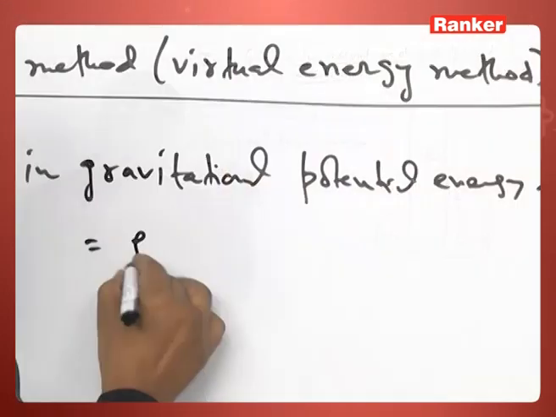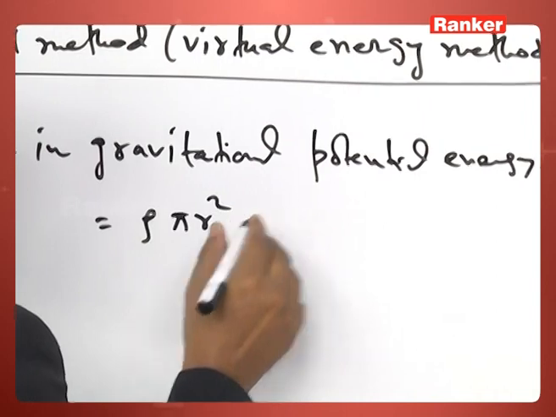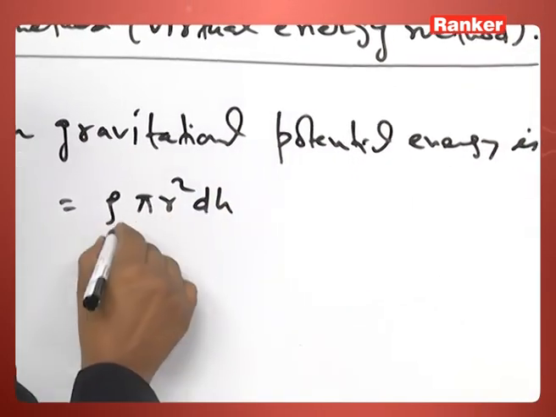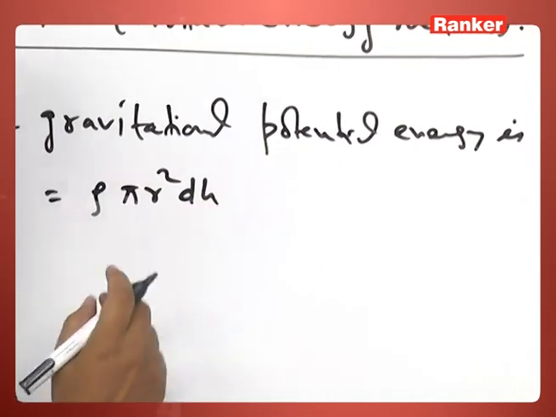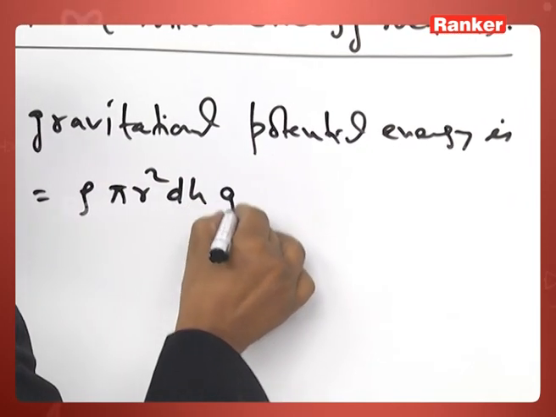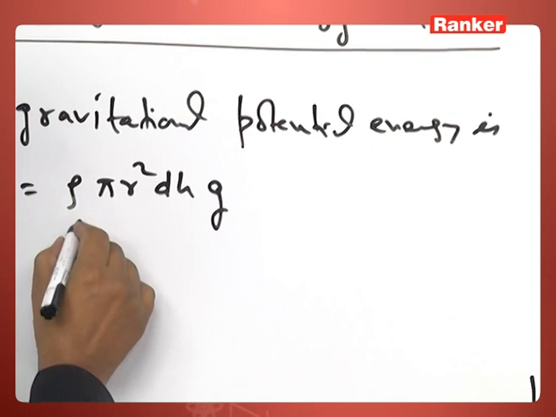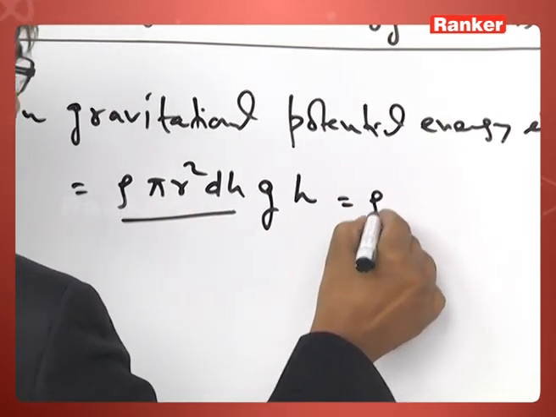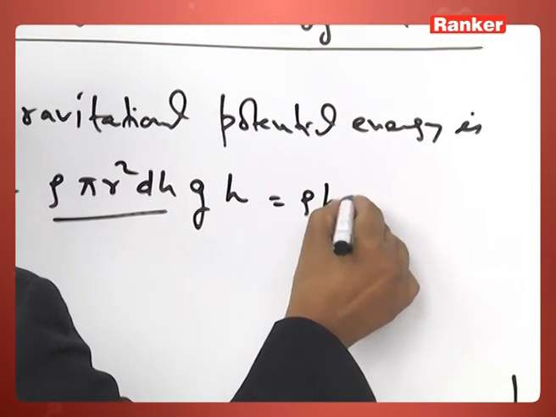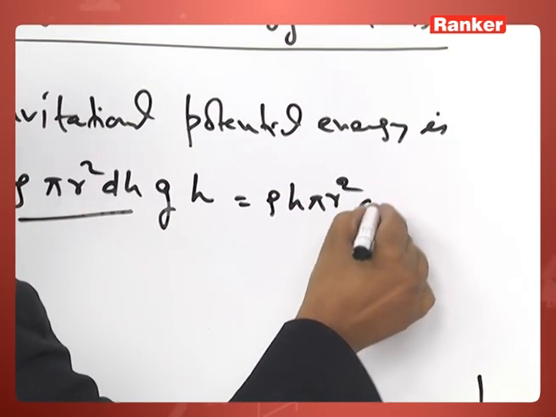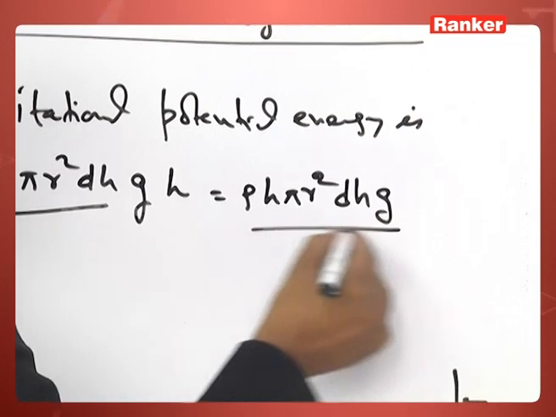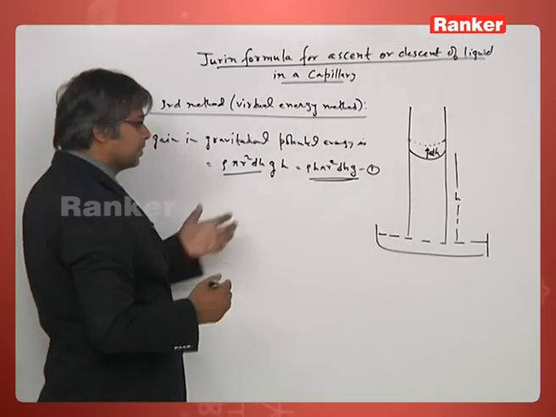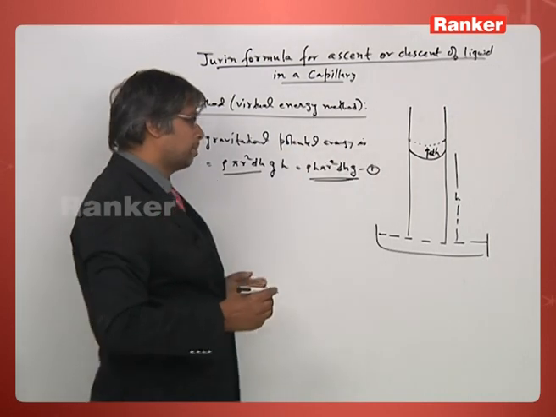The mass is rho times pi r square, the cross sectional area, into dh, rho into area into height, and into g. So, this is the whole mass, mg, into again h. So, it is rho h pi r square dh g. This is the gain. So, this is point number 1. This much gain of potential energy is there.